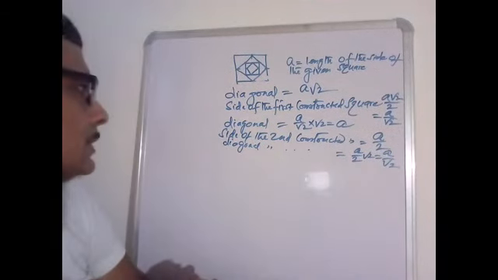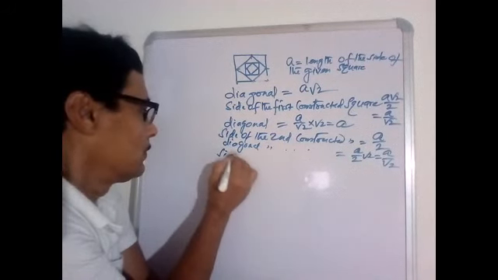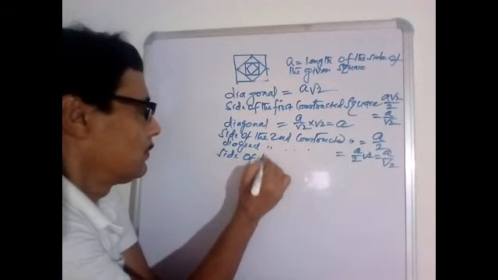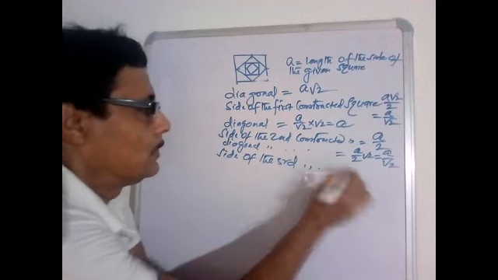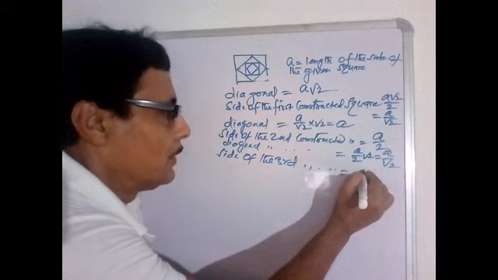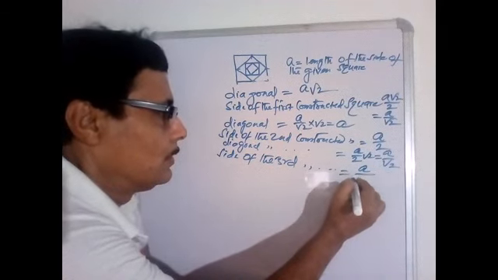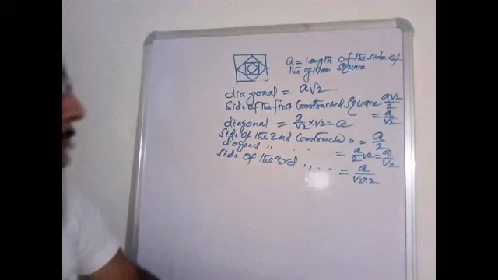So the side of the third constructed square is equal to A by root 2 into 2, and so on.